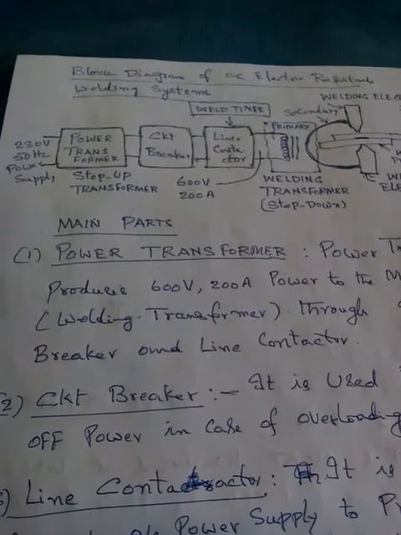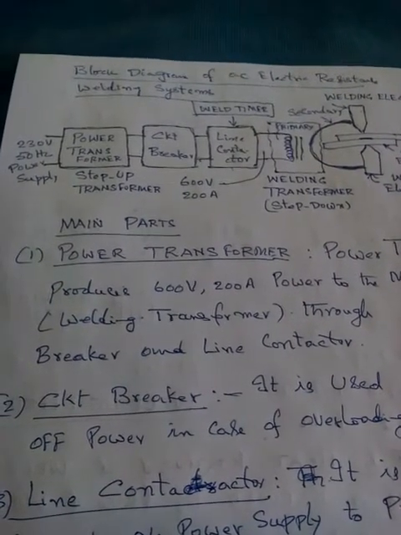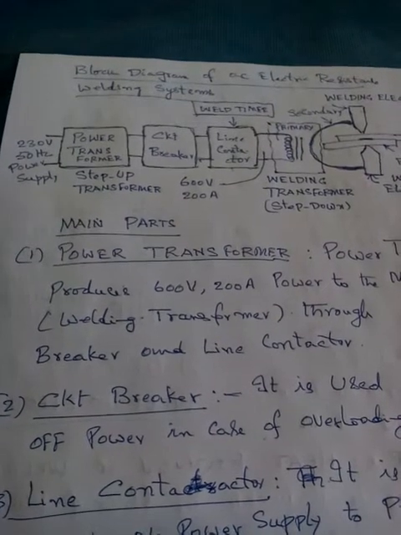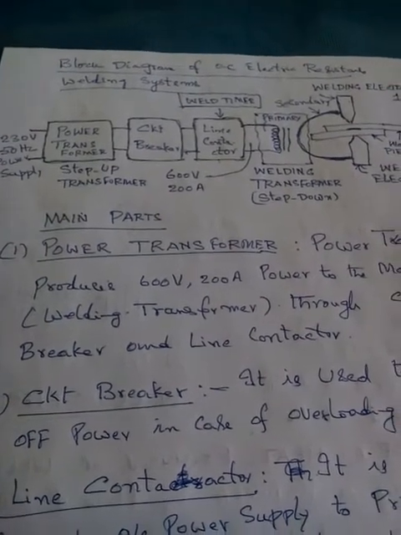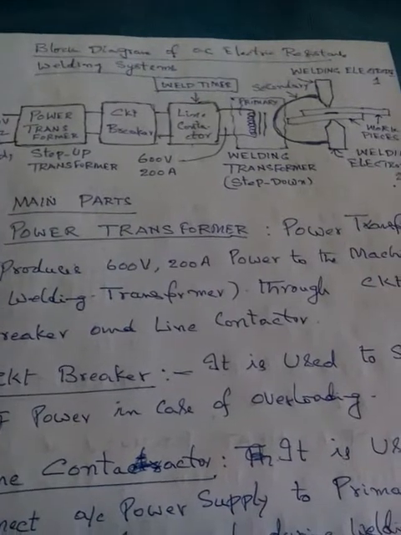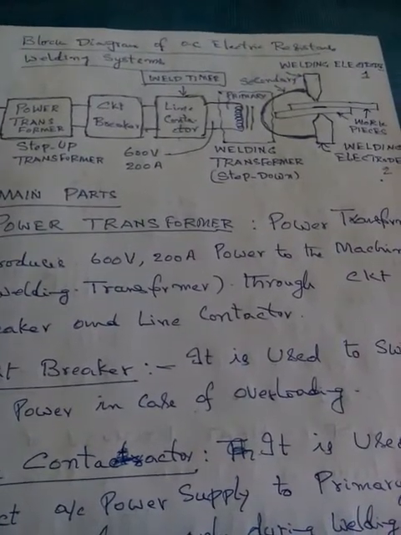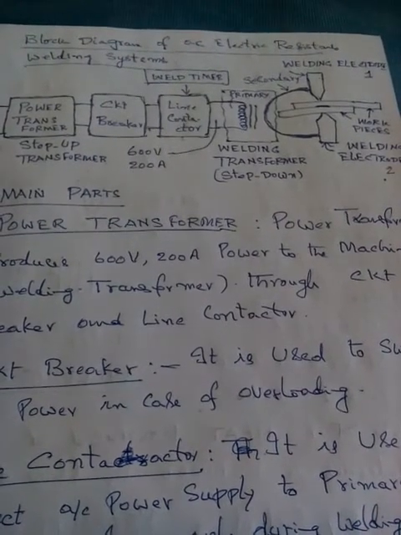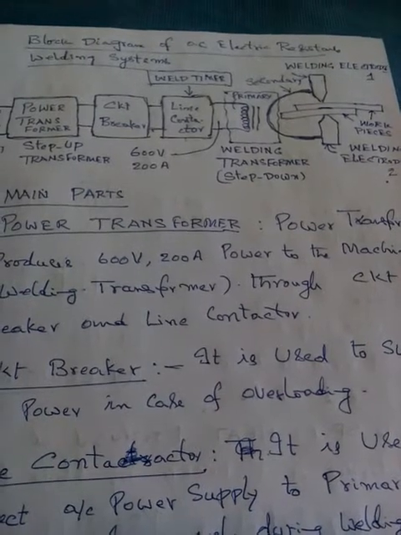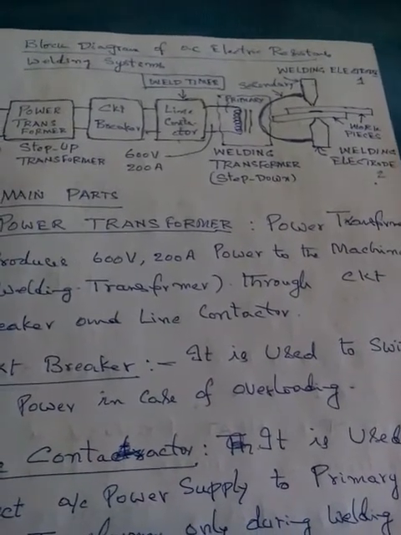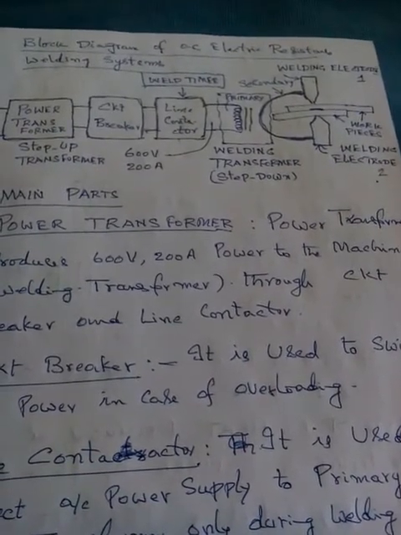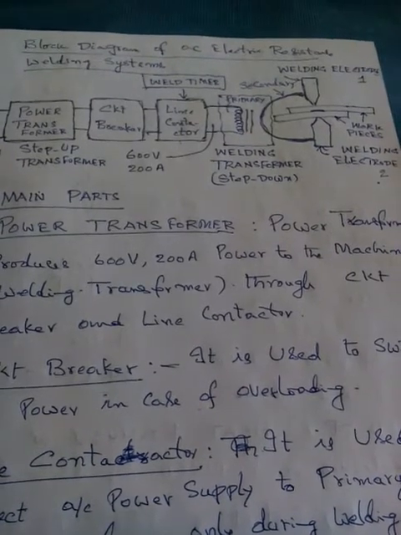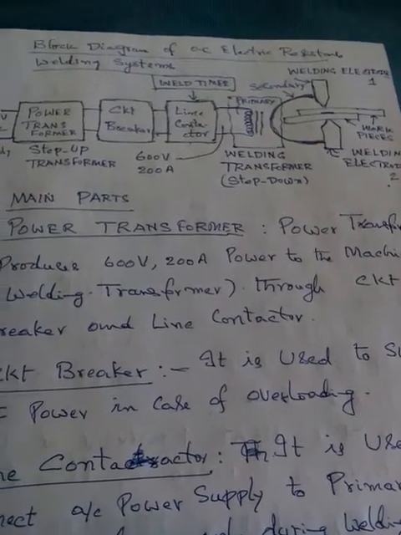The line contactor is connected to primary of welding transformer, which is step down transformer. And then welding assembly is there, because secondary of welding transformer is connected to welding electrodes 1 and 2, and between electrodes there are workpieces to be welded.